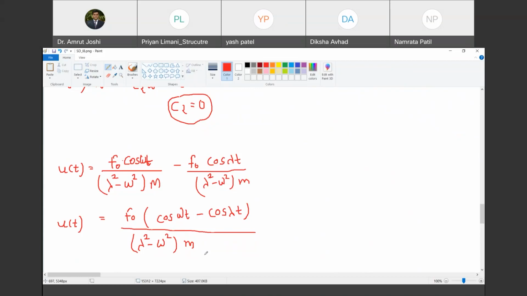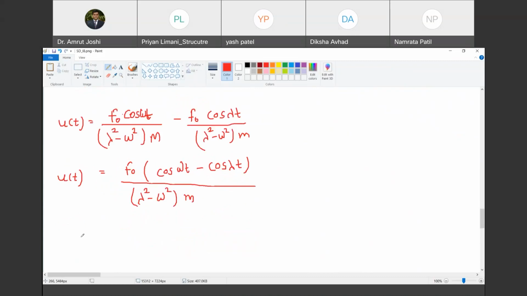Division of two real numbers is going to give you a real response. So therefore, at all instances of time, this is fine. Now, what happens when I am now interested in the limit of this response U of t as forcing frequency approaches natural frequency of the system.